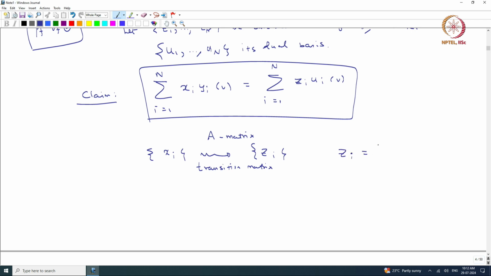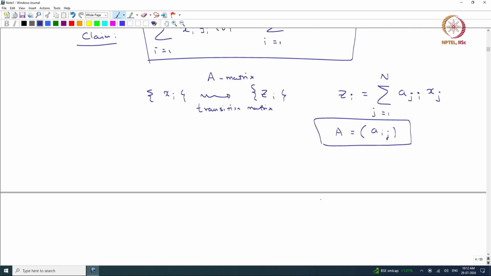If you write z_i as a sum of x_j's, then you have coefficients, let us call them a_ji. That a_ji forms the matrix capital A. So this is z_i equal to the summation of a_ji x_j, where j ranges from 1 to n, and this matrix capital A is given by a_ij.